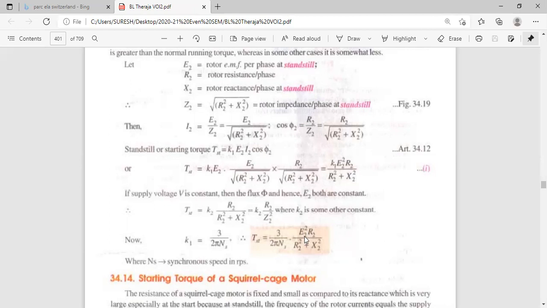E2 square. E2 means the rotor EMF. First of all, listen. E2 is the rotor EMF.